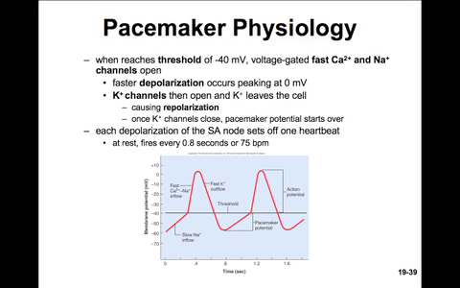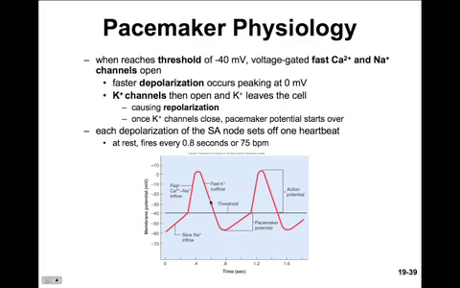When it reaches a threshold of negative 40 millivolts, the voltage-gated fast calcium and sodium channels open, and we'll see inflow of calcium and sodium, which brings the membrane potential more towards zero. Once this faster level of depolarization occurs, it peaks at about 0 millivolts. At this point, fast potassium outflow channels open.